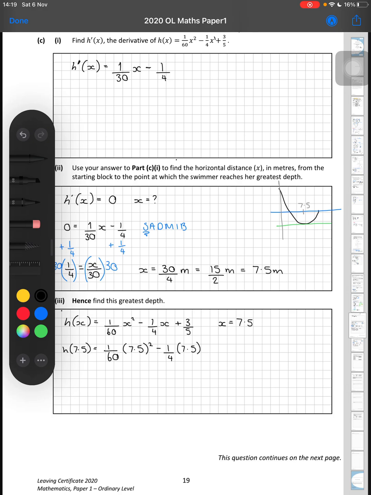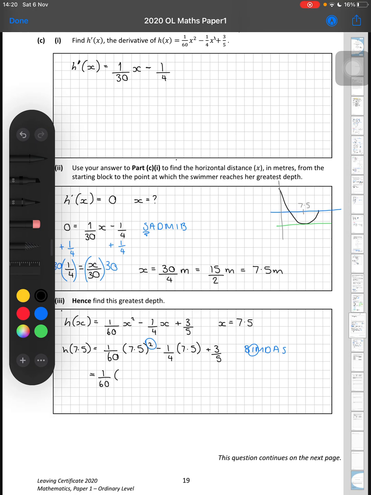So h of 7.5 is 1 over 60 times 7.5 squared minus 1 over 4 by 7.5 plus 3 over 5. We can do that out with BIMDAS.